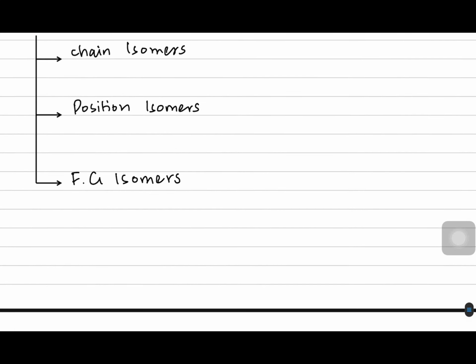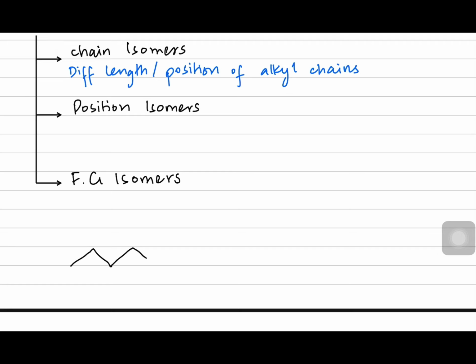When you talk about chain isomers, they have different length and even positions of alkyl chains. Let me explain. For example, if you have a straight chain structure with, let's suppose, 1, 2, 3, 4, 5, 6 carbons, you will obviously call it hexane, and that is okay.